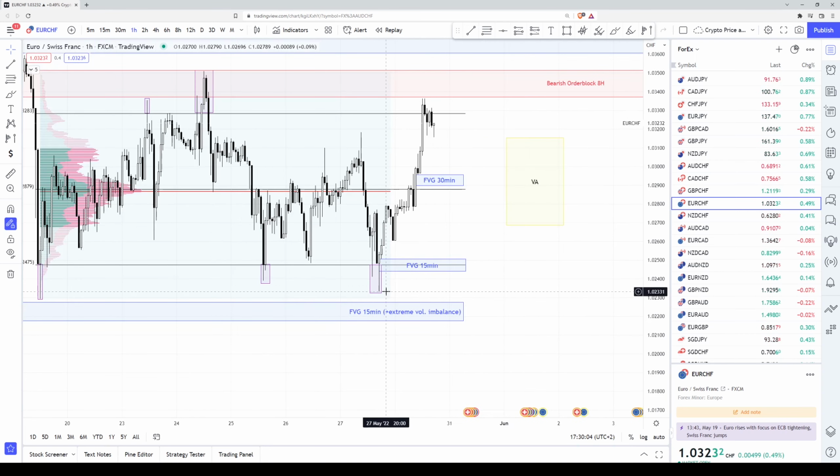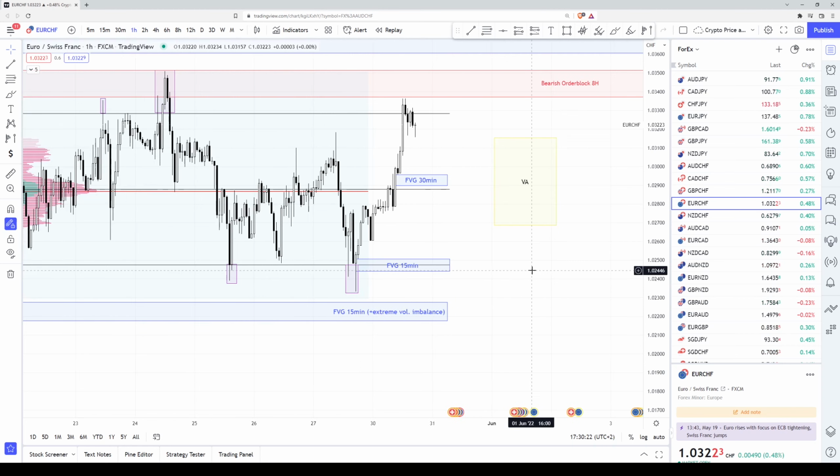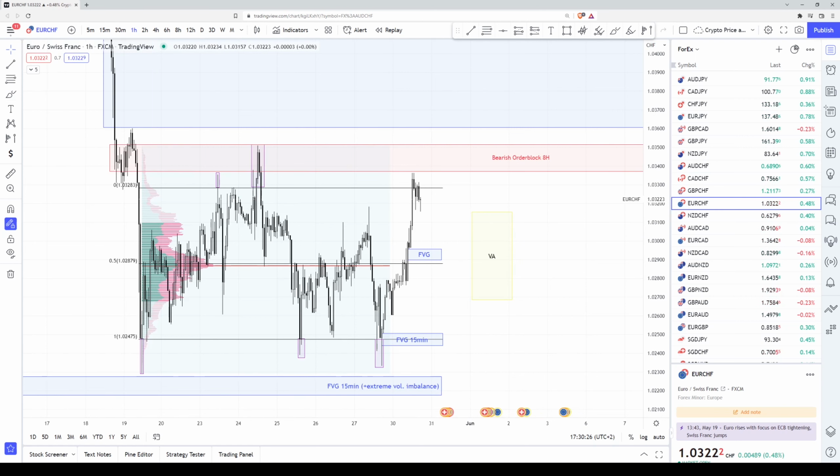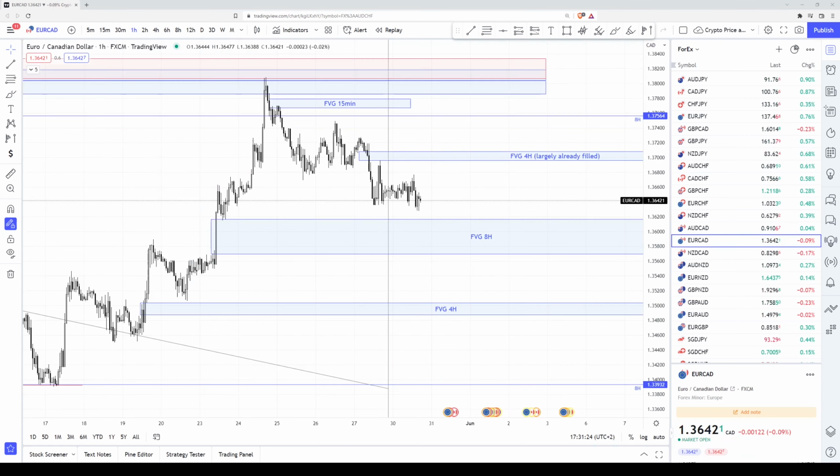And the last thing is that there might be a possibility that liquidity is below this area, below this swing low, and the combination of those two would be a liquidity grab and even a gap yet to be filled with an extreme volume imbalance. So this is more or less how I look at the Euro Swiss franc for now.